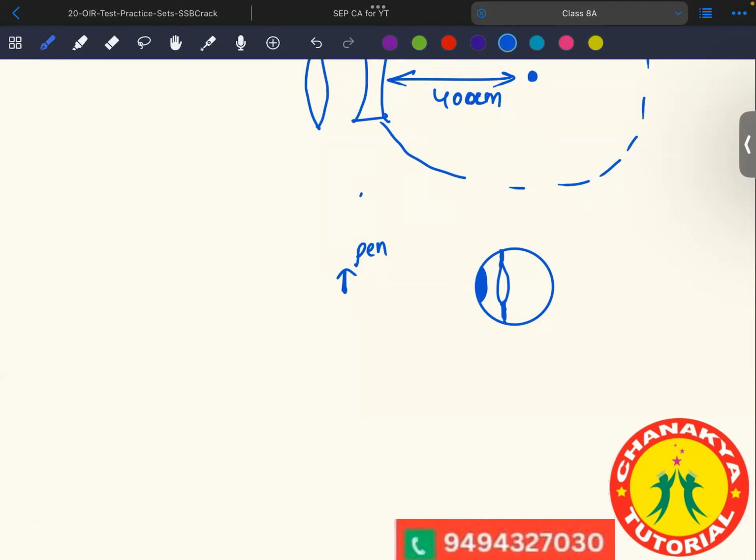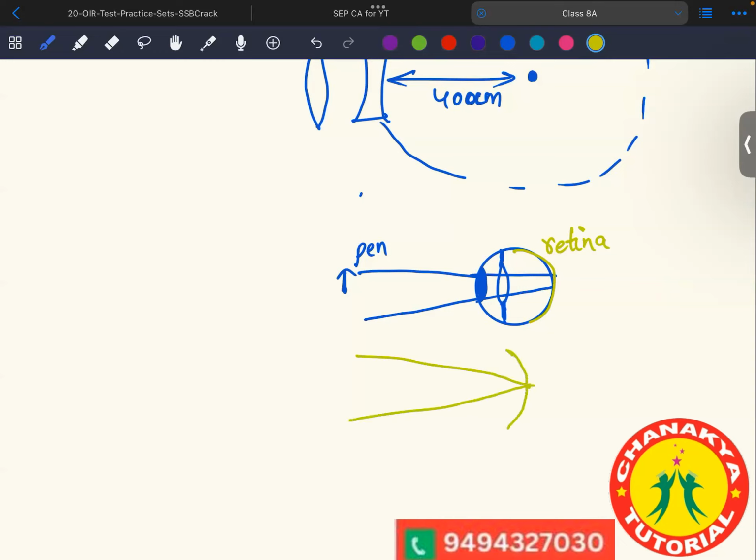That means the rays coming from this pen are going like this. What does that mean? That these are not converging at the retina. The back part, this part is your retina. In order to make an image on the retina, the rays should converge at this surface.